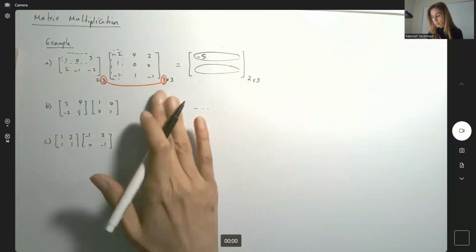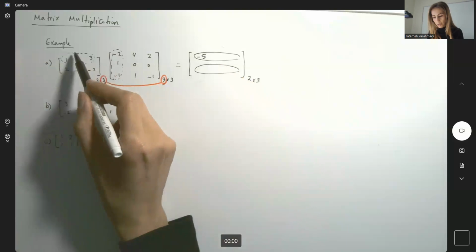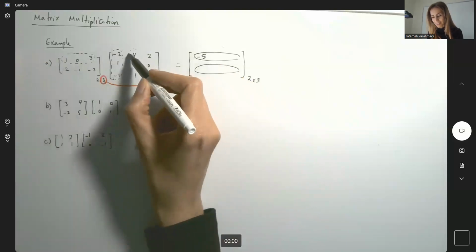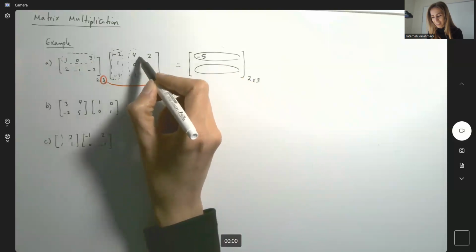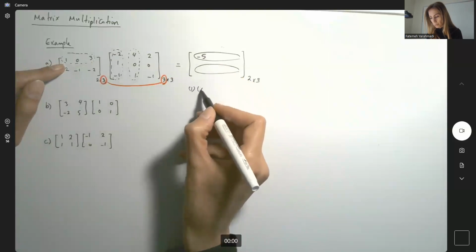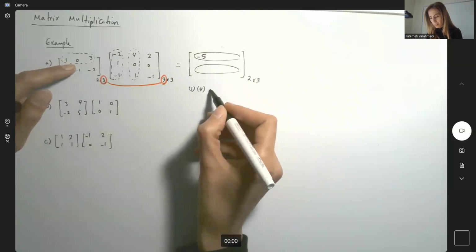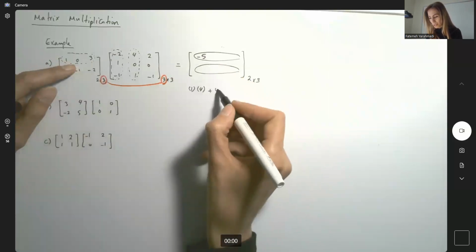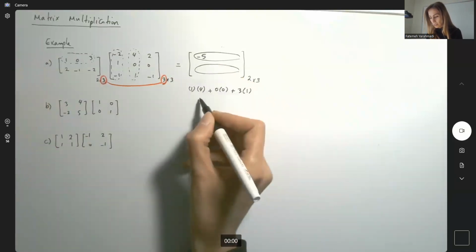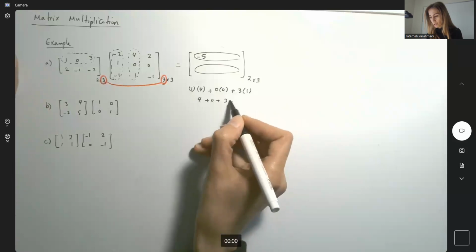So I'm going to erase this. I'm going to find the dot product between the first vector and the second vector here. So 4 times 1, or 1 times 4 if you want to keep the order. It's not important, but 0 times 0 plus 3 times 1. This is 4 plus 0 plus 3, which is 7.